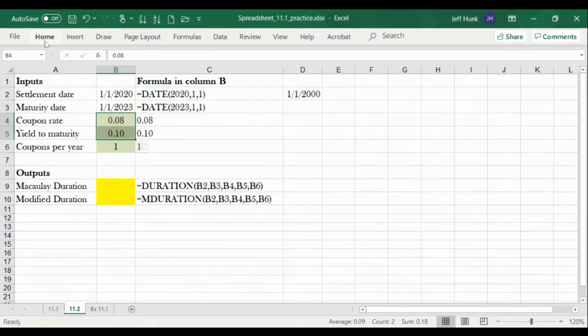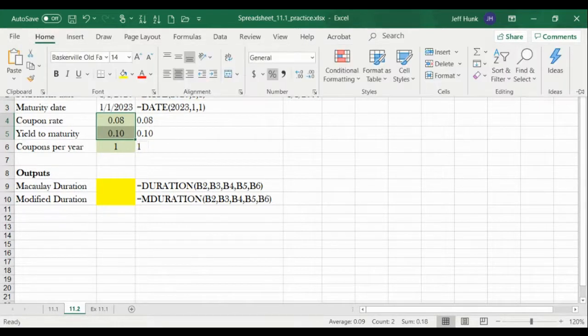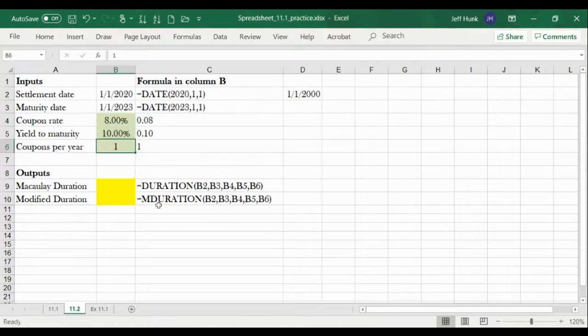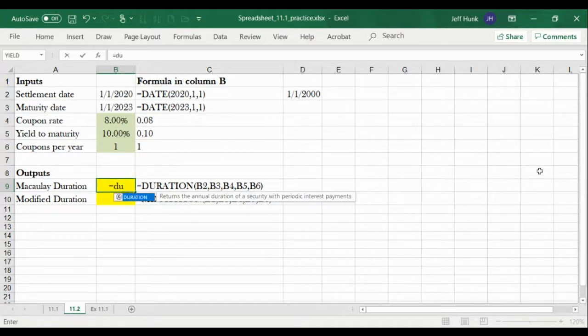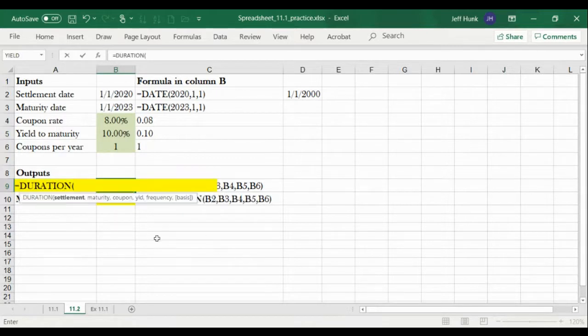And you can enter these as percentages, right? There you go, percentage. It uses 2 decimal places by default. Coupon frequency is once a year. Now, Macaulay duration is simply called duration. You just enter DURATION and it already gives you the duration. Double click, and then enter the settlement date.